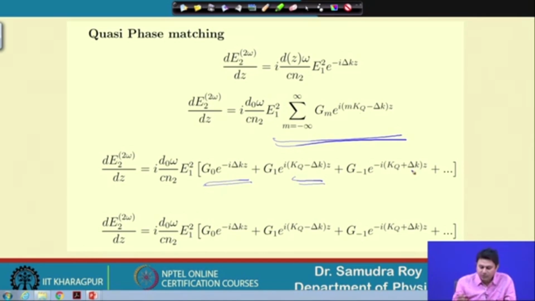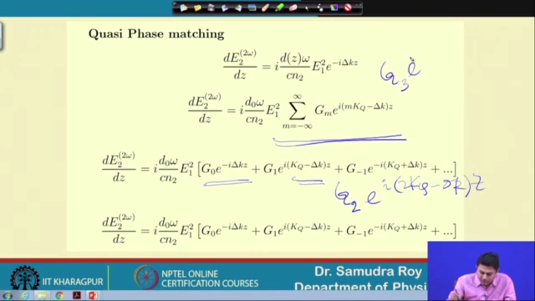What should be the term for m equal to 2? It should be G2 e to the power i (2 k_q minus delta k) z. What should be the term for m equal to 3? It is G3 e to the power i (3 k_q minus delta k) z, and so on.